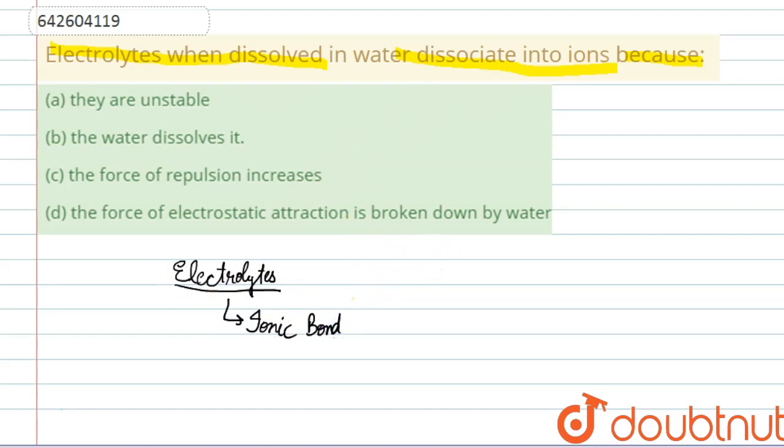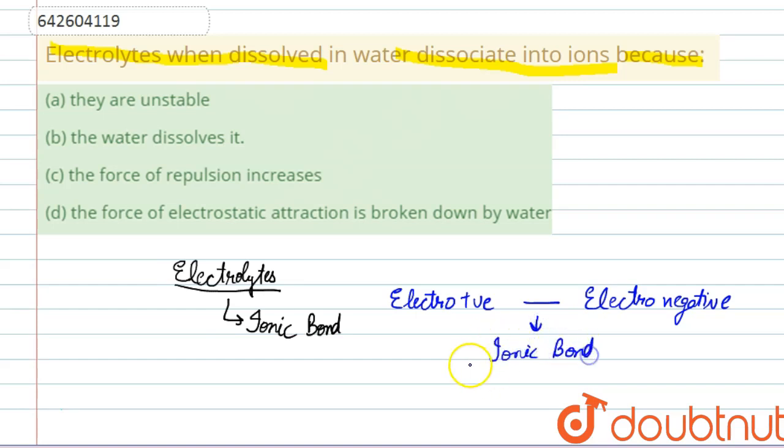Now suppose in electrolytes the one atom of the ionic bond is electropositive, and the other is electronegative, and the bond formation takes place between these two and the bond is known as ionic bond, and the forces in between is known as the electrostatic forces of attraction. So this is how the formation of electrolytes takes place.